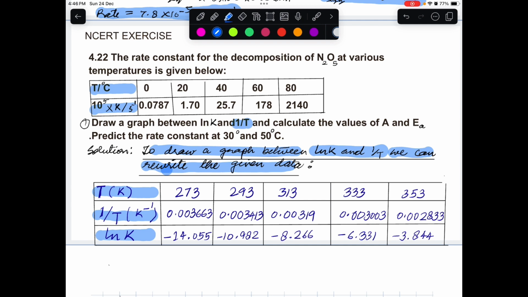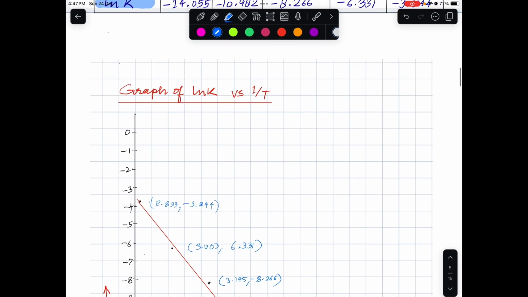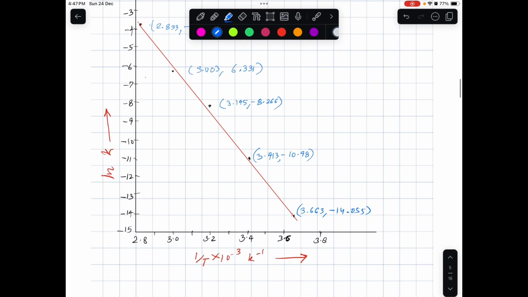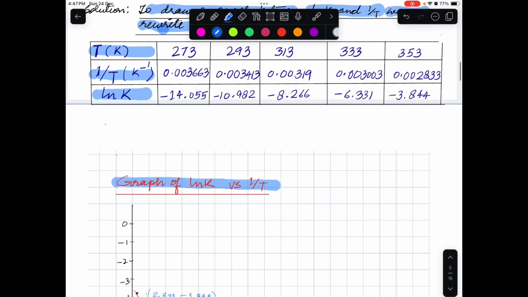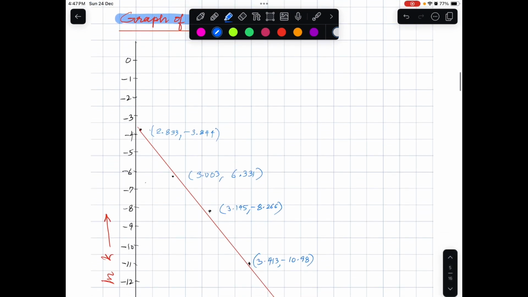Okay, so we are doing the first part of the problem, that is, draw a graph between natural log of k and 1 by T. So have a look here, the graph we have already plotted, the graph of natural log of k and 1 by T. We have taken 1 by T on the x-axis, and since values are given as 0.003663, we will write them in the standard form.